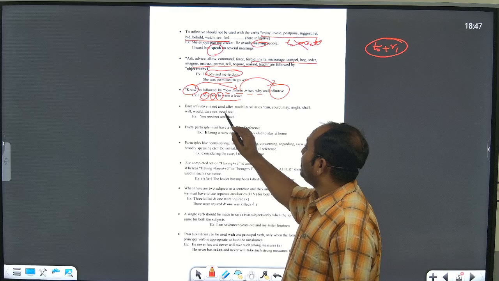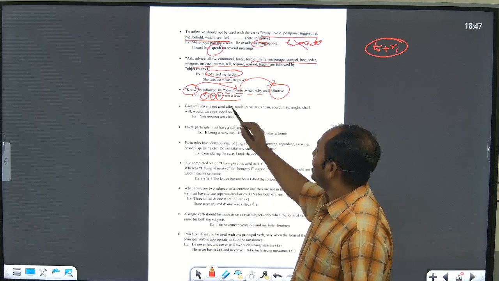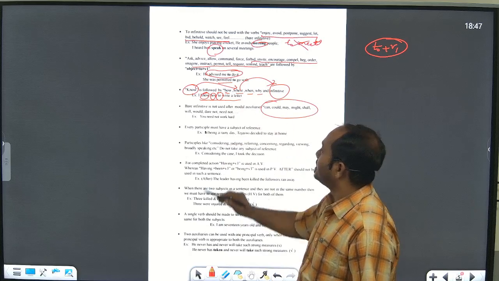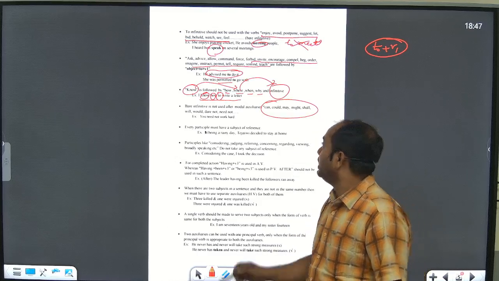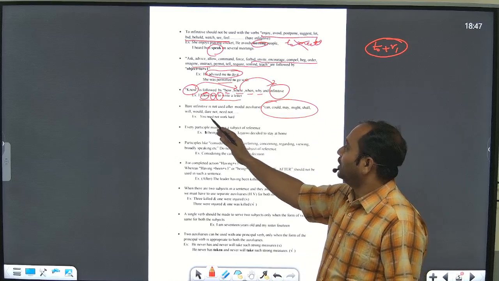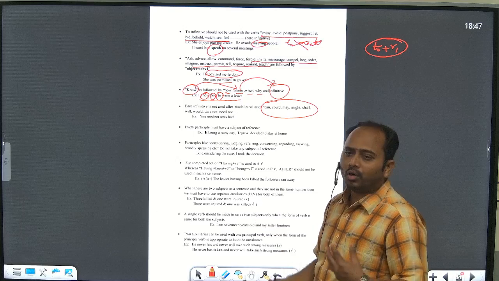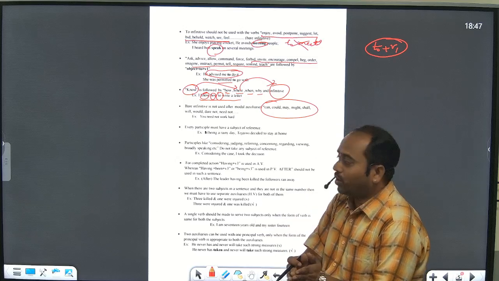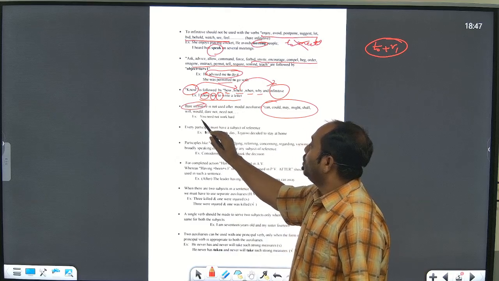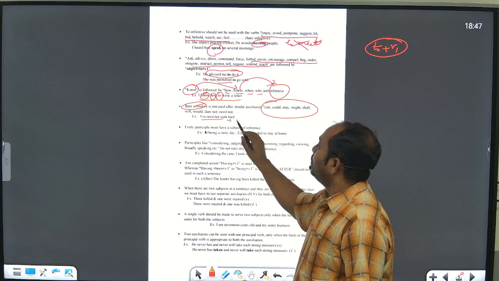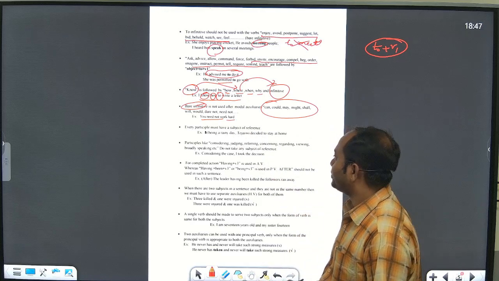Next, bare infinitive is not used after the modals. The same, to infinitive should not be used after the modals. We have certain modals: can, could, may, might, should, shall, will, would, dare not, need not, ought to, used to. These are all the modal auxiliaries. After these modals, we should not use any to infinitive. "You need not work hard." "To work hard" you should not use. It's a wrong usage again.